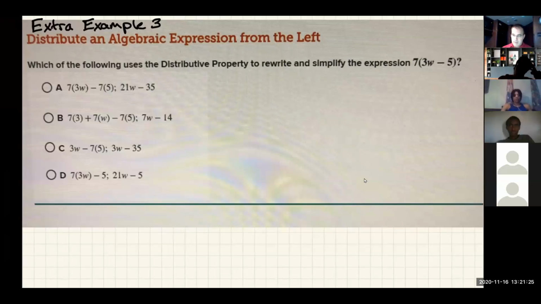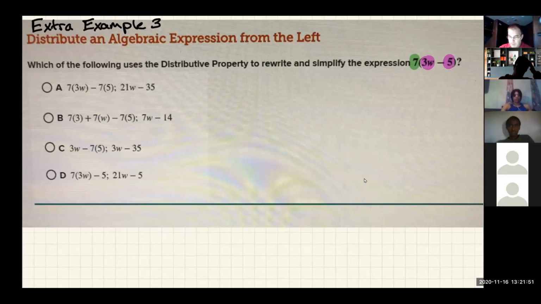And though we could just find the answer and then look for the answer, I just want to pay close attention to what we would expect to be going on. So in this expression, 7 is what's about to be distributed. And so it's going to be distributed into 2 terms, this 3W, and of course, Mr. Reed thinks of that as a -5 normally, but that is harder for me to talk about with this multiple choice.